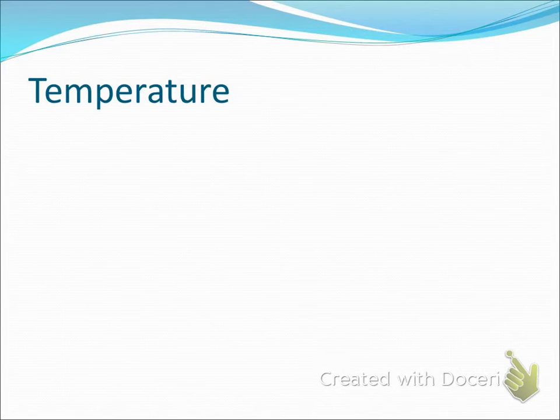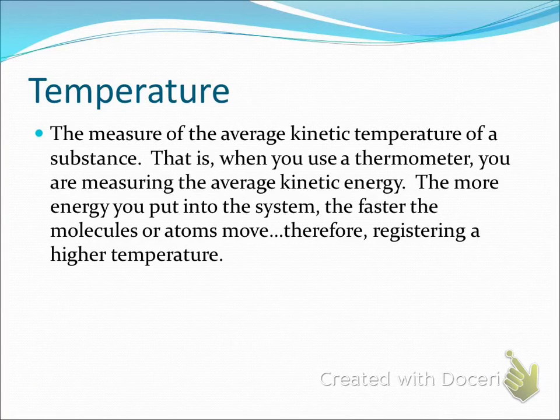Now, that was thermal energy. The other component we like to focus on is the idea of temperature. And temperature, to put it simply, you're really just measuring the average kinetic energy of the molecules in a substance. So when you stick a thermometer inside a substance or in a liquid, you're really just measuring how quickly that kinetic energy is moving around.